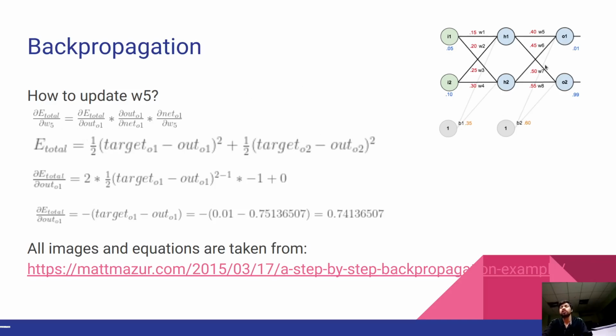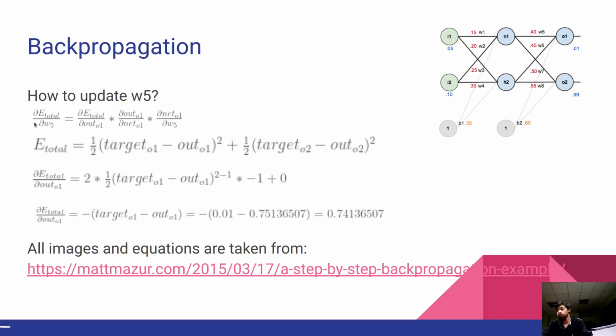At W5 we can calculate by this formula. Basically we have to find the partial derivative of total error with respect to W5. So how much the total error is changing with respect to W5. Is there any direct way to perform the derivation? Is E total directly dependent upon W5?